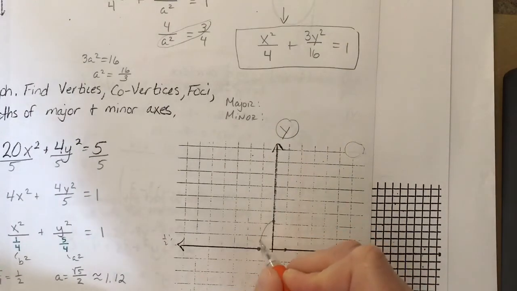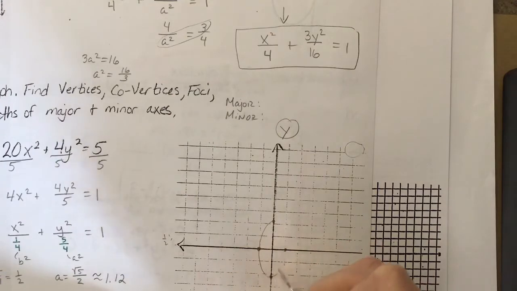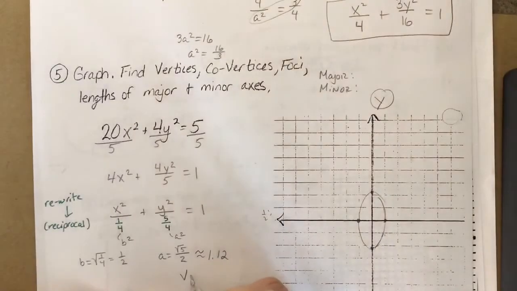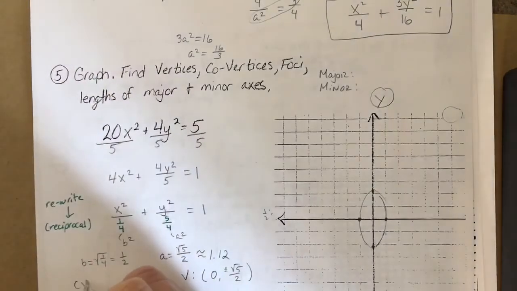Oh, here we are. So vertices are 0, positive negative square root of 5 over 2. Co-vertices are positive negative half, 0.